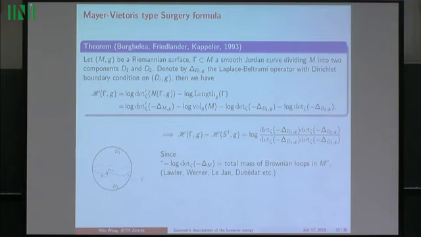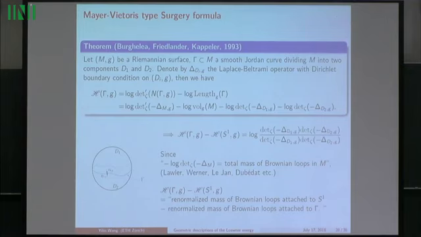So if we have this in mind, this is the total mass in the sphere, minus the total mass of Brownian loops on M, plus the total measure of the loops that are contained in these two connected components of the complement of gamma.